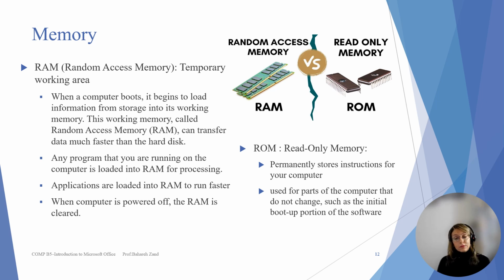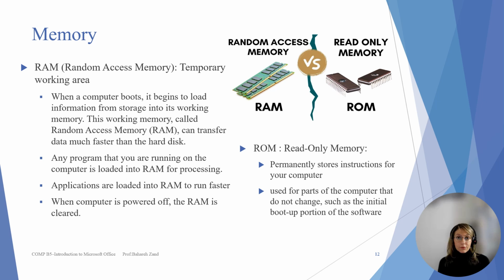On the other hand, we have ROM. There is certain information that we still need to be saved on the computer all the time. When you turn on the computer, that information needs to be there, saved and accessible for you to use. Examples would be anything that is related to booting the system, anything that is related to booting a software.